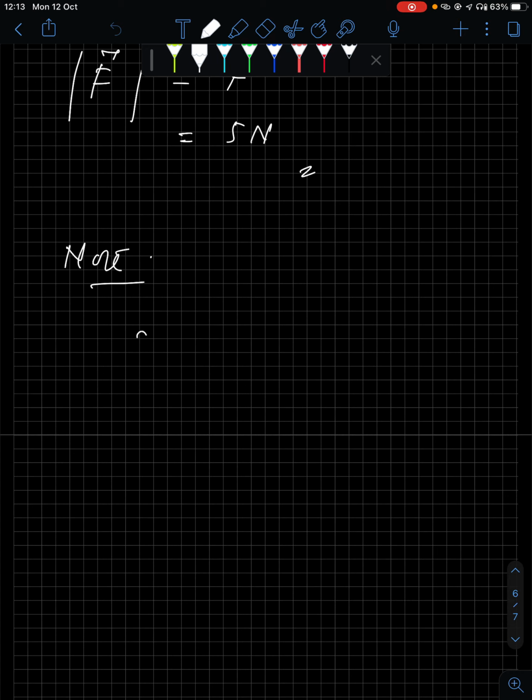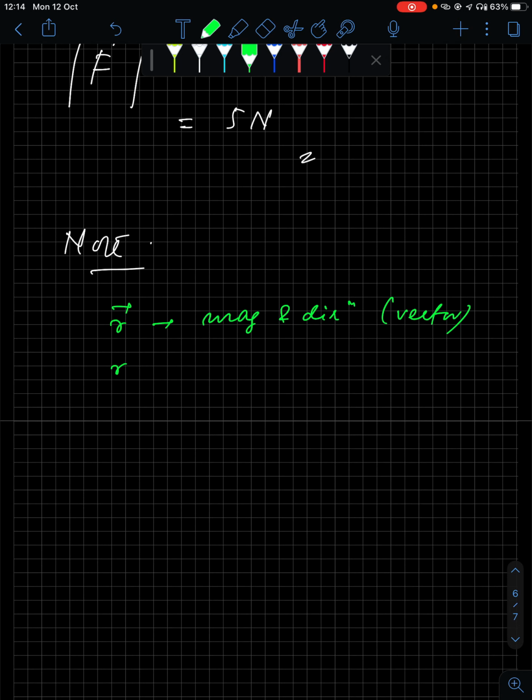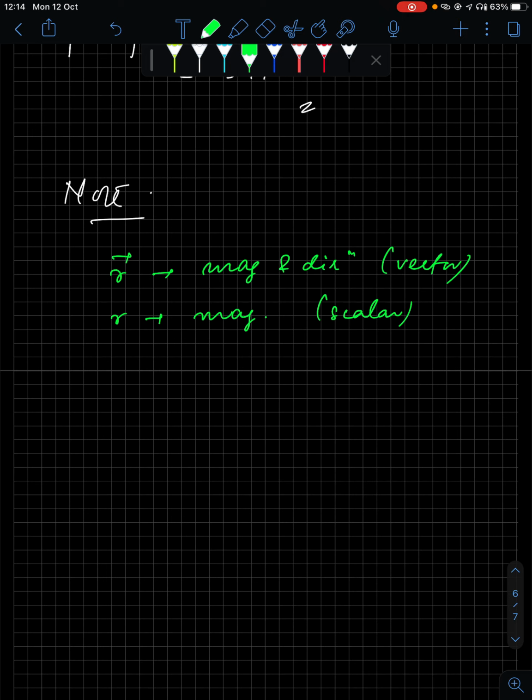So note, if I write only r vector, it contains magnitude and direction, so this is a vector quantity. If I write only r, it contains magnitude only, so it is a scalar quantity. r represents distance, or I should say displacement. The magnitude of displacement will be the distance, provided the body travels in a straight line.